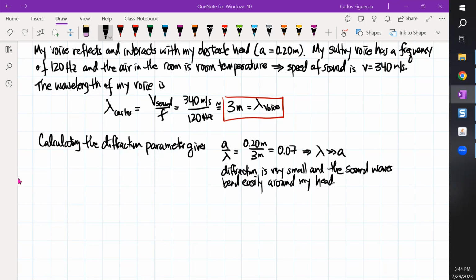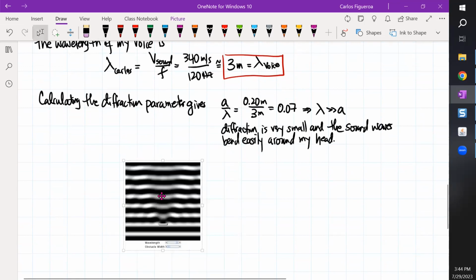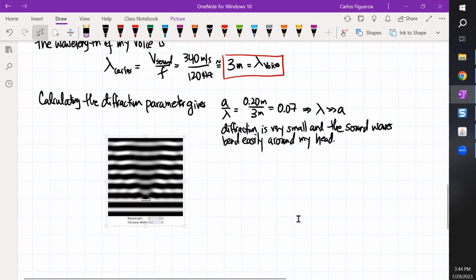So if I look at this thing here, what this is really telling me is that, once again, if I have my wave detector here, let's just say that this guy right here is the wave detector.